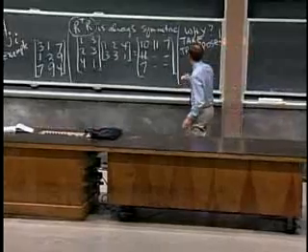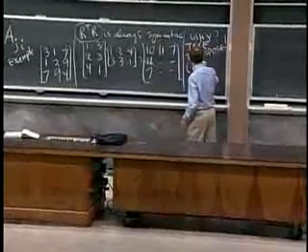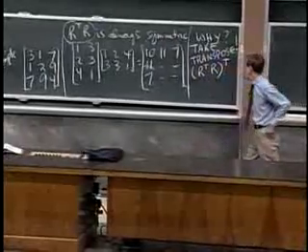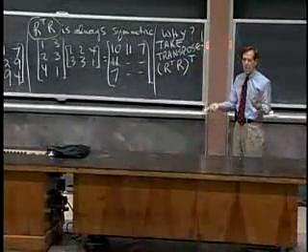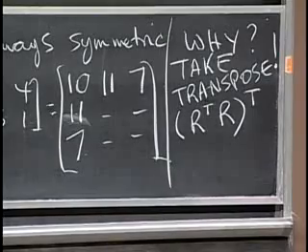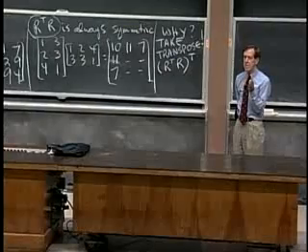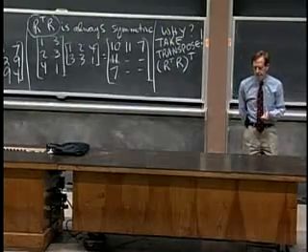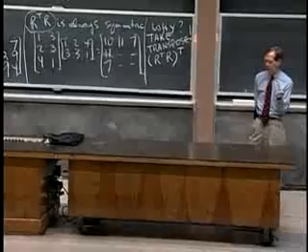Okay, so I take the transpose of R transpose R. How do I do that? This is our little practice on the rules for transposes. The rule for transposes is the order gets reversed, just like inverses, which we did prove.